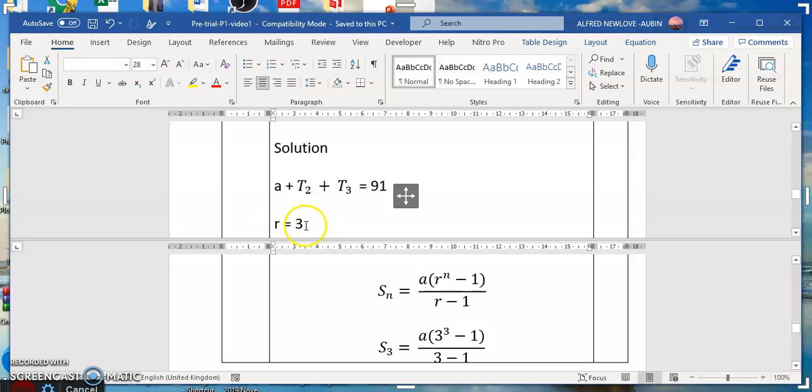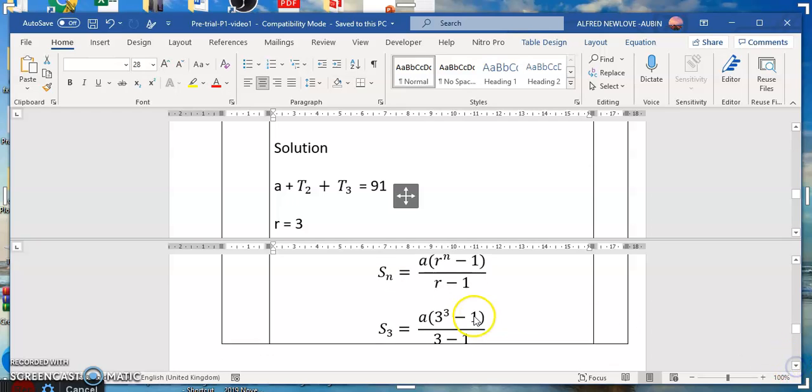And if you check, we said r is what? 3. So this r, you substitute 3 there. And n is also 3 because it's the first 3 terms. So n is 3, minus 1. Then r is 3 minus 1.